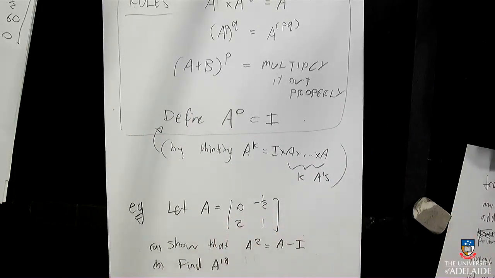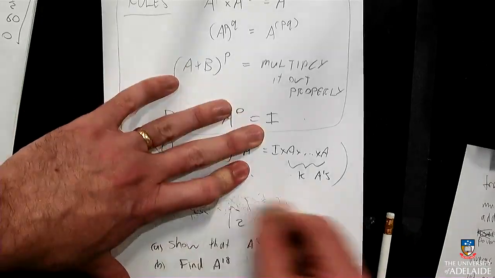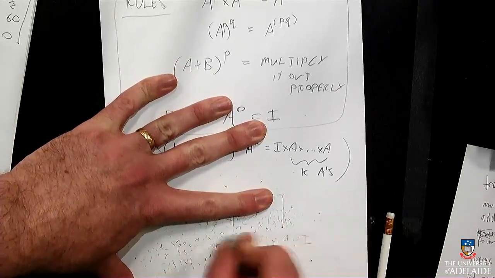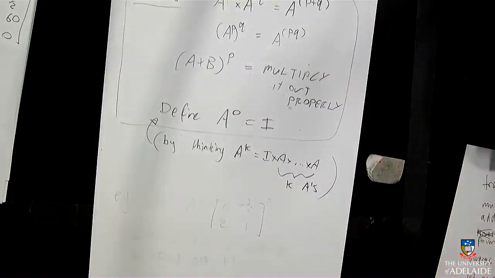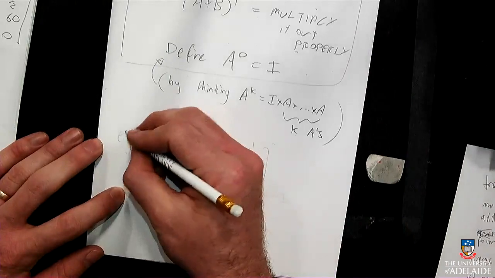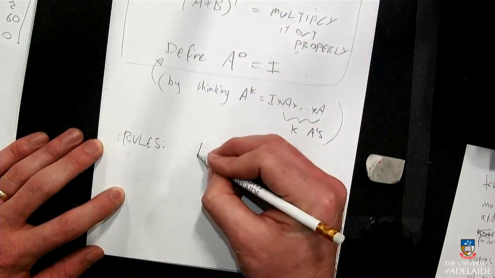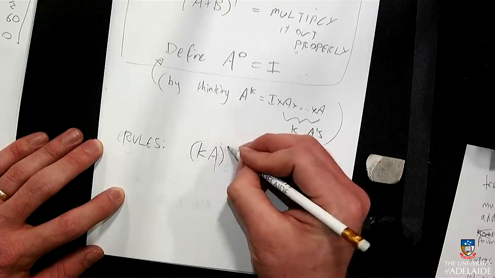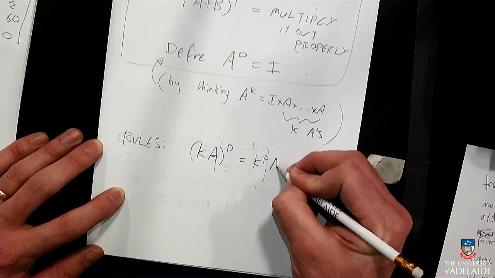Oh, damn it. I've forgotten to tell you a rule. Sorry about that. I'm just going to rub this out and get back to it. I forgot to say how powers interact with scalar multiplication, and they do actually. So more rules. If I have k a to the p, it comes out to the same answer as k to the p, a to the p.